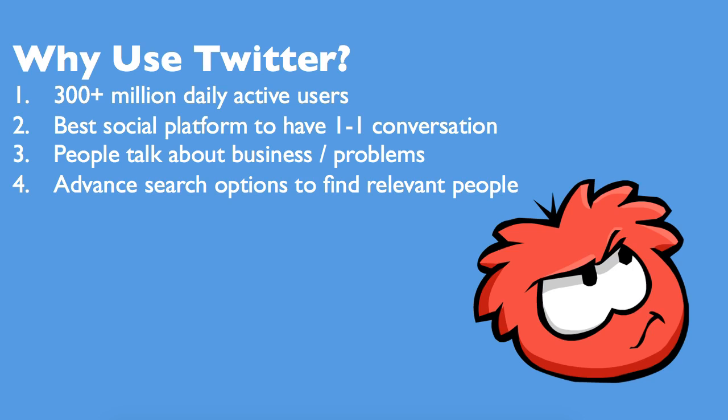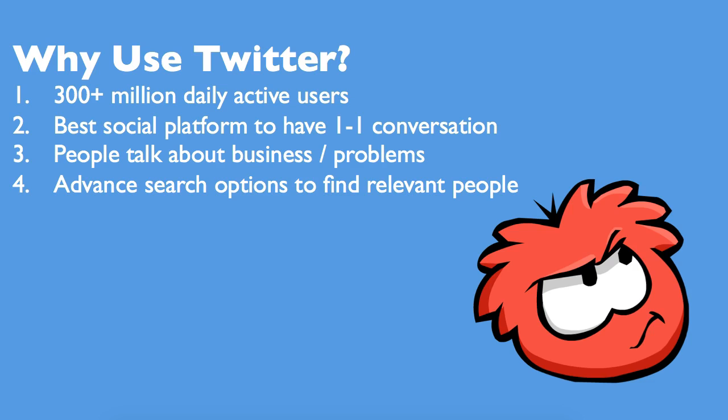And obviously, our biggest question or first question is why should we use Twitter? And the biggest reason is there are over 300 plus million daily active users on this platform. And that's a lot of people. And number two, in my opinion, Twitter is still the best social media platform to have one-on-one conversation.